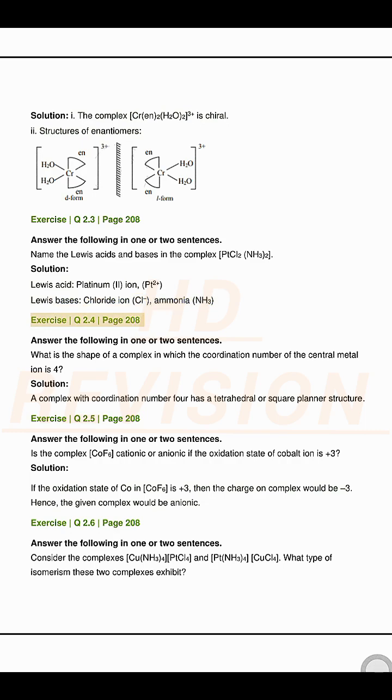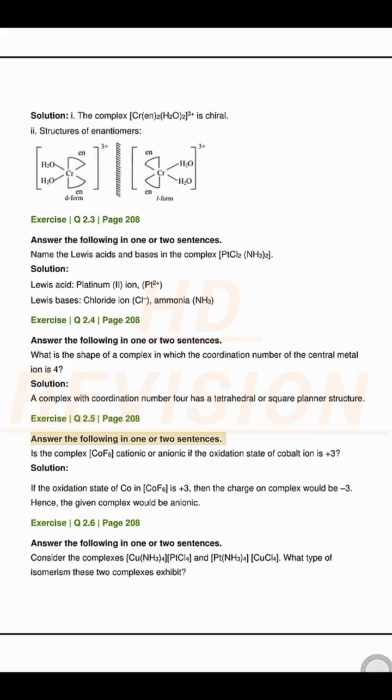Exercise Q2.4, page 208. Answer the following in one or two sentences. What is the shape of a complex in which the coordination number of the central metal ion is 4? Solution. A complex with coordination number 4 has a tetrahedral or square planar structure. Exercise Q2.5, page 208.